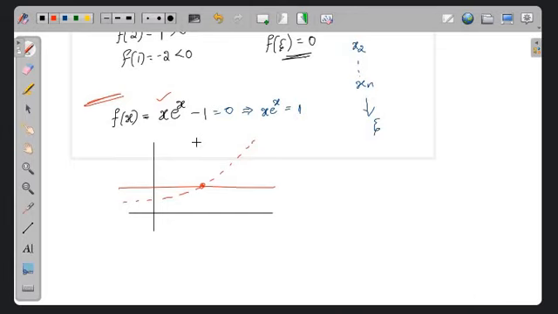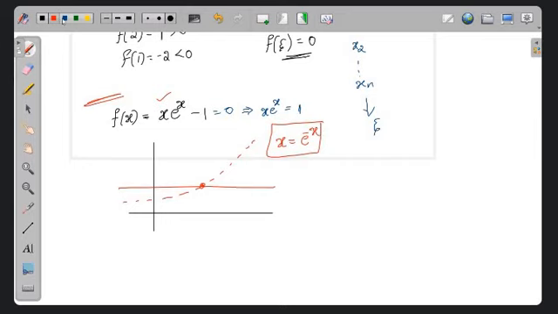Now similar to it, we are going to convert the problem. Instead of writing x into e power x minus 1 equal to 0, I would like to write it this way: x equal to e power minus x. Now what happened?